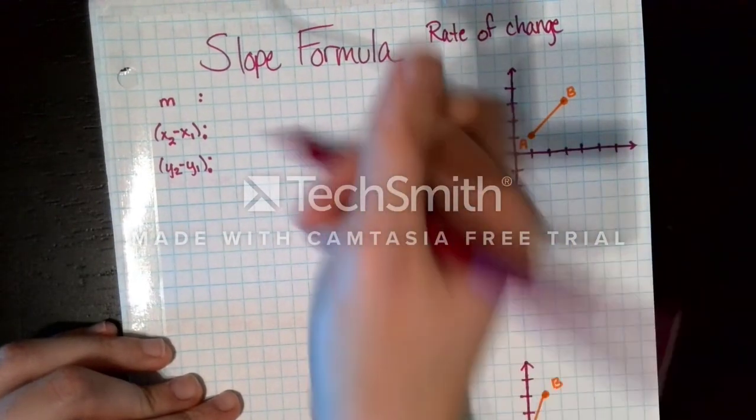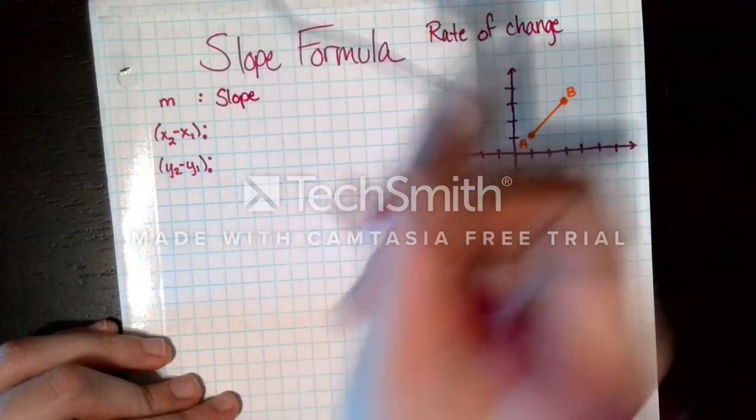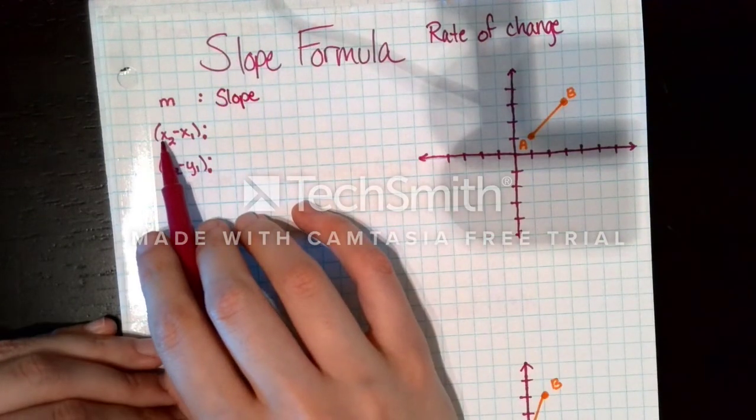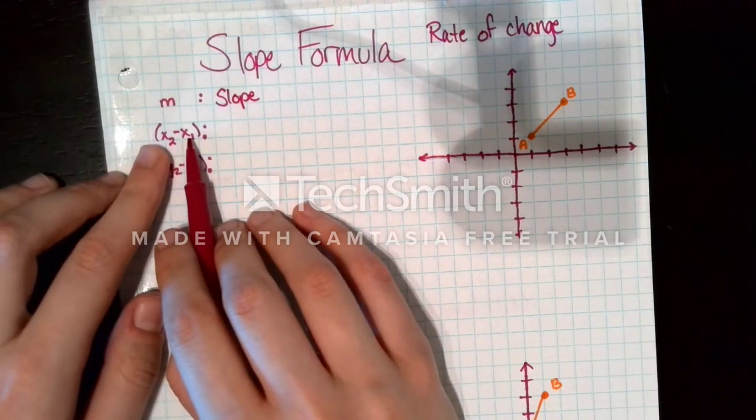The m in our formula represents slope. This right here, x2 minus x1, this represents the different x values of our two given points.